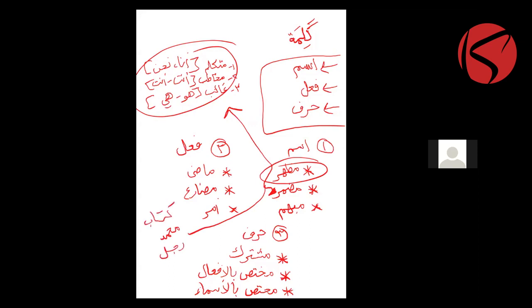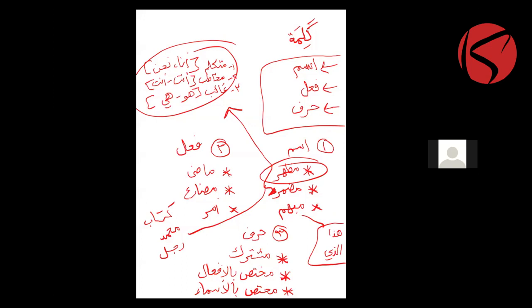Those are ism mudhar, apparent names. And then there's the mubham. The mubham are those which are ambiguous. And they are ism ishara and ism mawsul. هذا, which is ism ishara, and alladhi, and anything that comes from it. Those 2 are mubham. We're going to take that in great details, inshallah ta'ala.